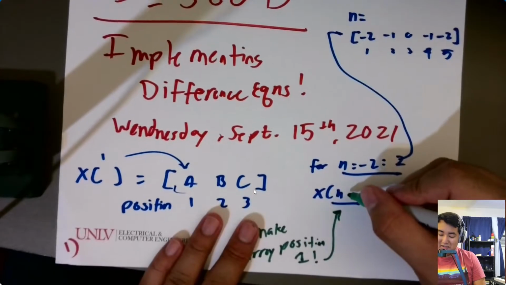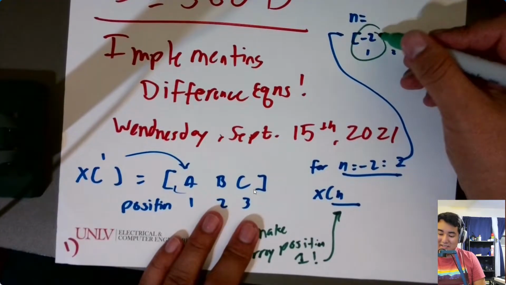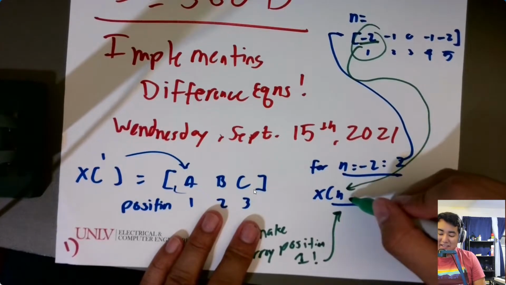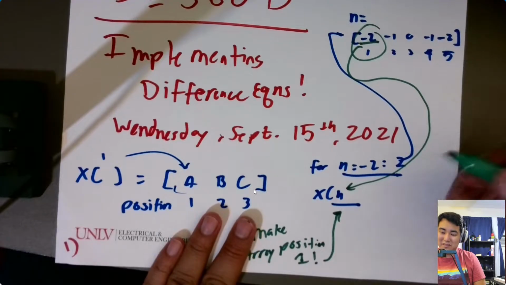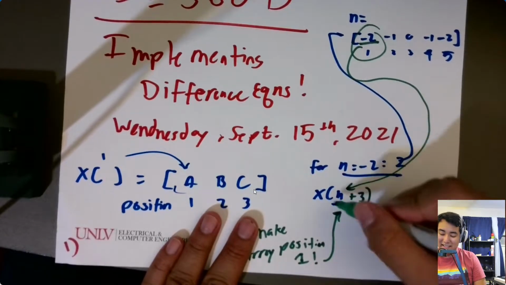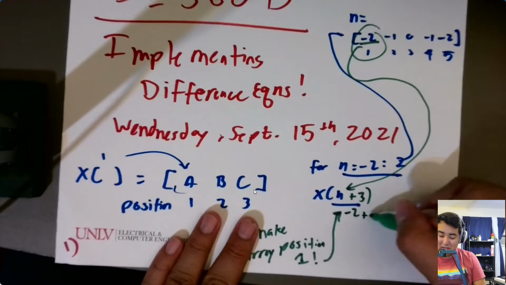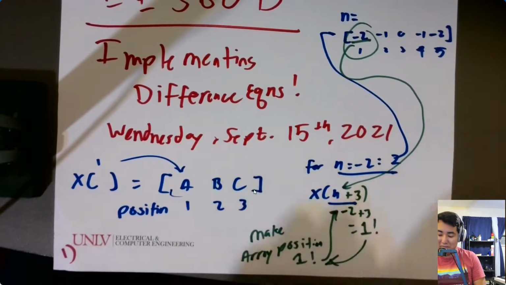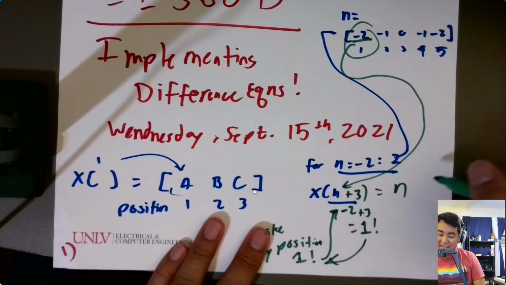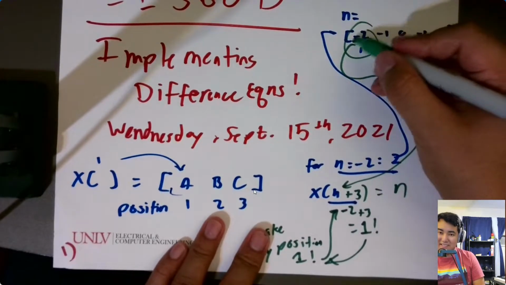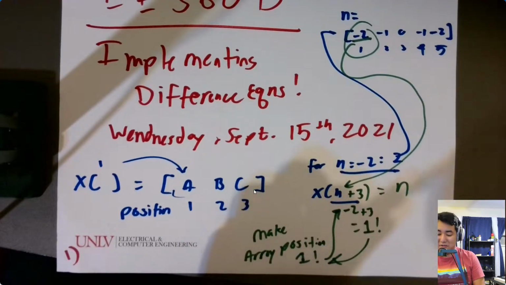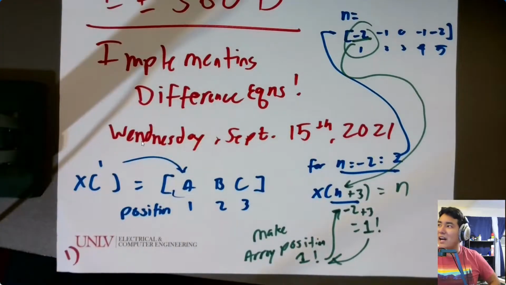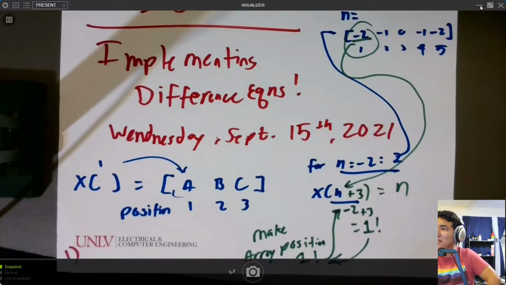Okay, so if we're here at -2, here's -2, we punch this into here. How do we make this 1? -2, well, you just put a +3. And then if you put -2 plus 3, you get 1, which is our little happy thing, which is equal to n. And what is n equal to? -2. And then you start going down the road. So that's the simplest way I can explain for loops for you.